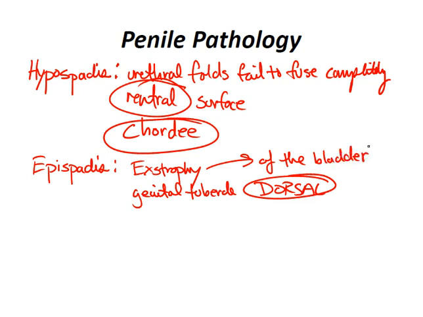Exstrophy of the bladder. Now, then we go to squamous cell carcinoma. Squamous cell carcinoma has an increased risk with HPV 16 and 18 and other venereal diseases in uncircumcised males who exhibit poor hygiene. Okay, so you have something called Bowen's disease.